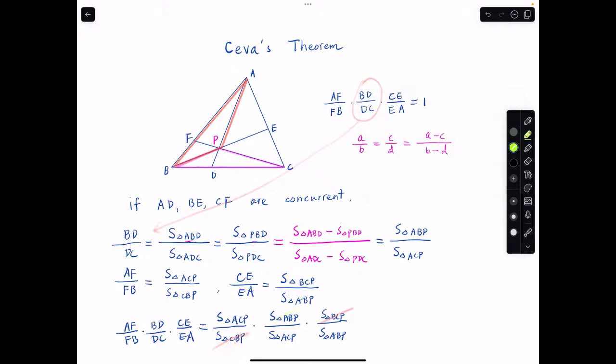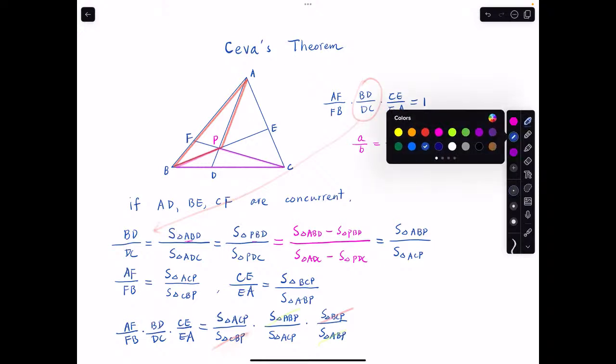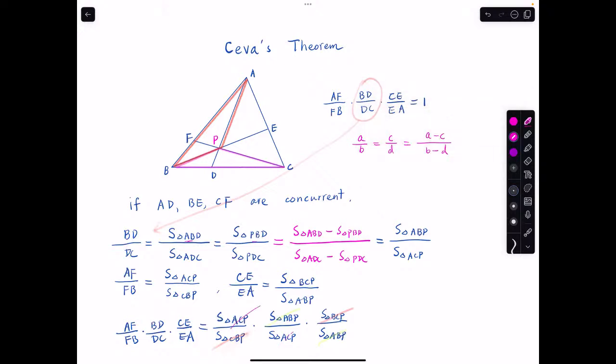So ABP cancels, and finally ACP cancels. So that is equal to 1. Alright? That's Ceva's theorem. Now, we know that the other direction is also true, but we're going to skip the proof. Now, there is another proof.